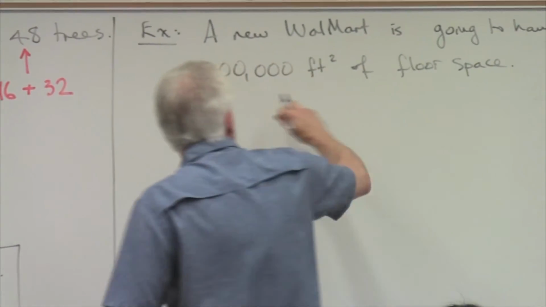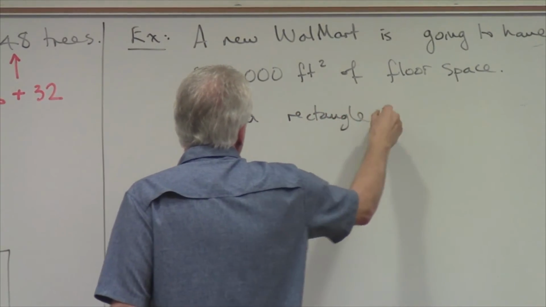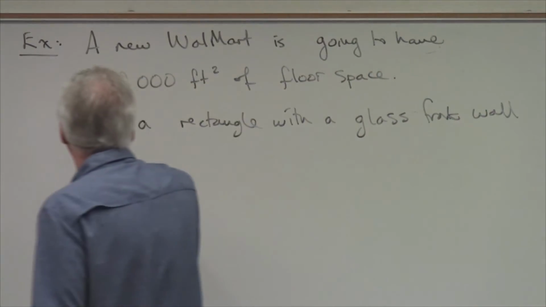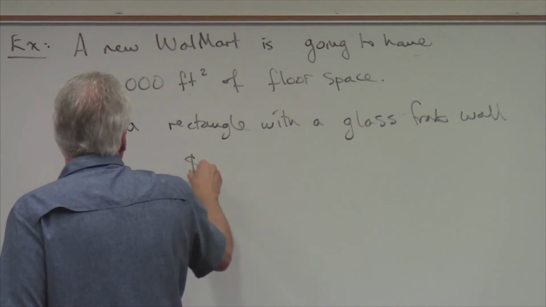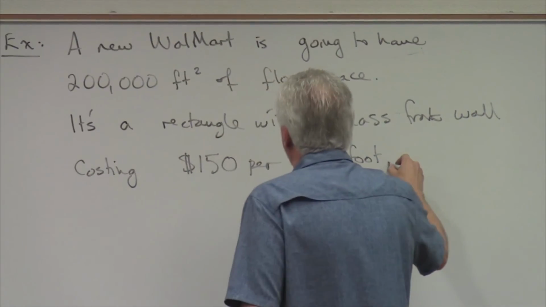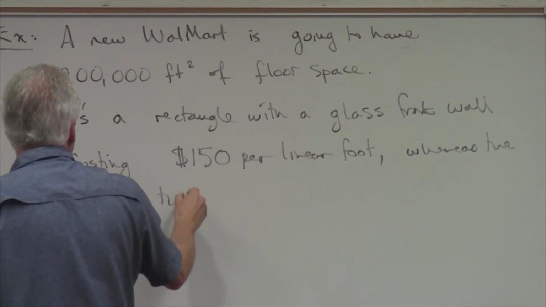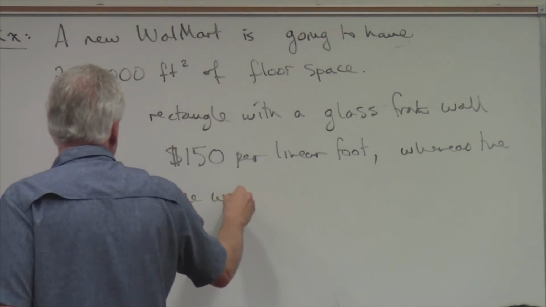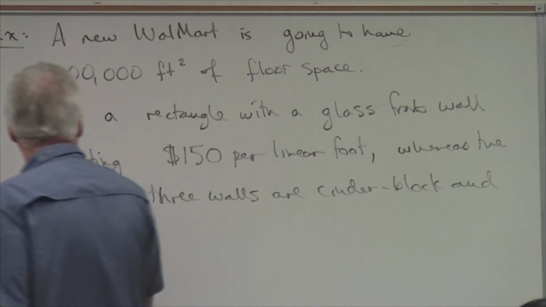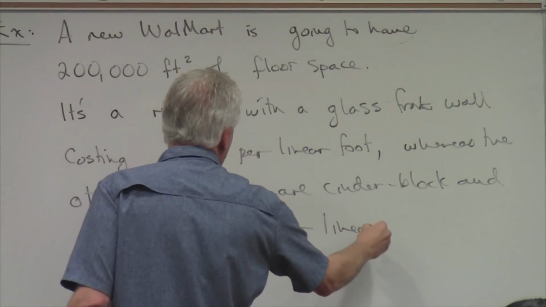Okay, so a new Walmart is going to have 200,000 square feet of floor space. It's a rectangle with a glass front wall costing $150 per linear foot, whereas the other 3 walls are cinder block and only cost $50 per linear foot.